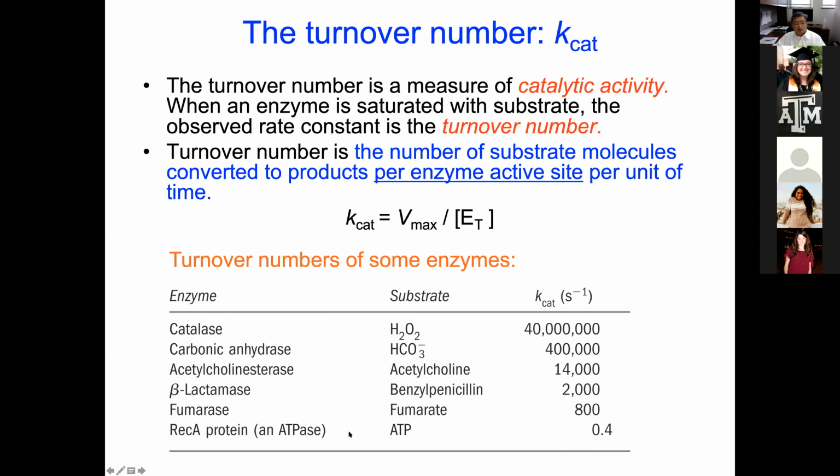But of course, there are other enzymes. For example, this RecA protein, which is an ATPase, hydrolyzes only about 0.4 ATP every second. So every 2 seconds, it catalyzes only one reaction. So this is kcat, the catalytic activity of enzymes, the turnover number.